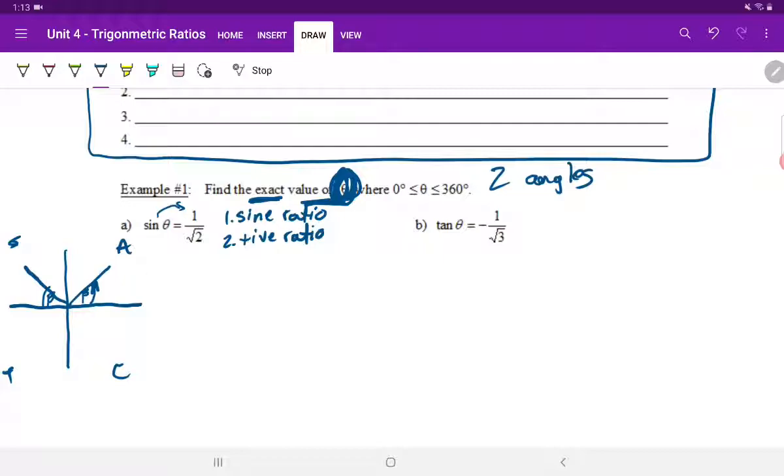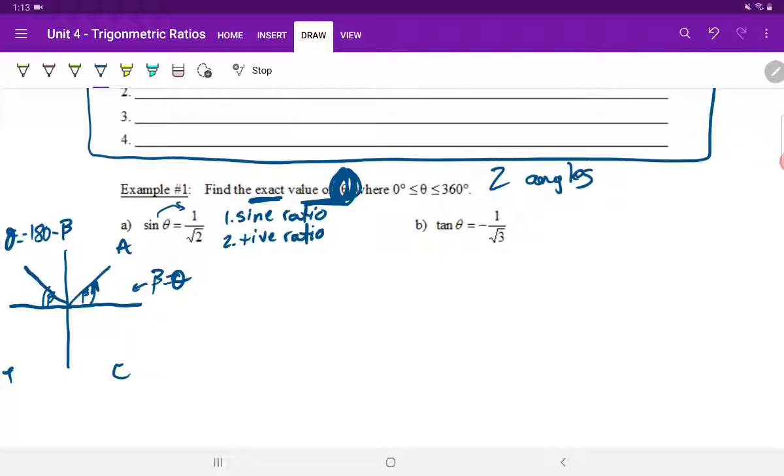Remember that in quadrant 1, beta will be equal to theta in quadrant 1. They're the exact same thing. And in quadrant 2, I'll be able to find theta by doing 180 minus whatever my beta ends up being.